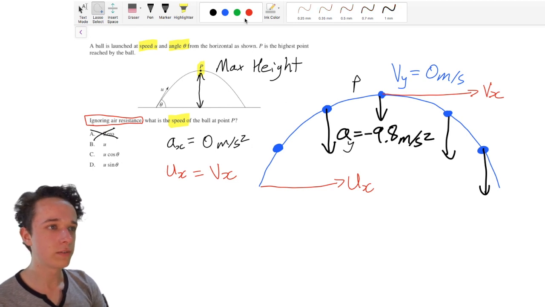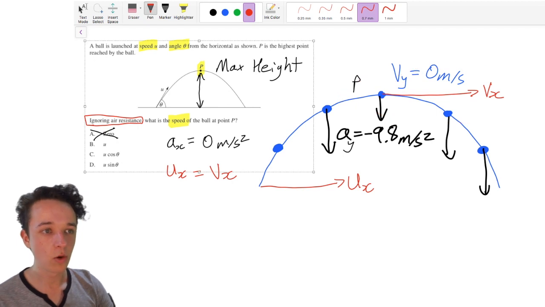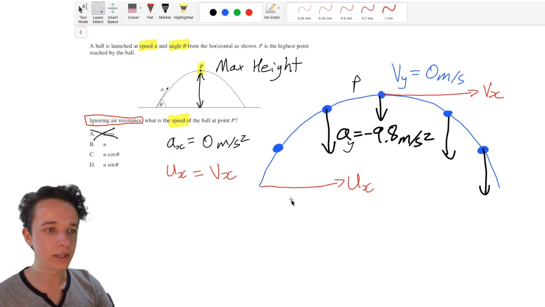And so in order to find v of x up here, all we need to do is find the ux. We need to find the initial velocity in the x component.